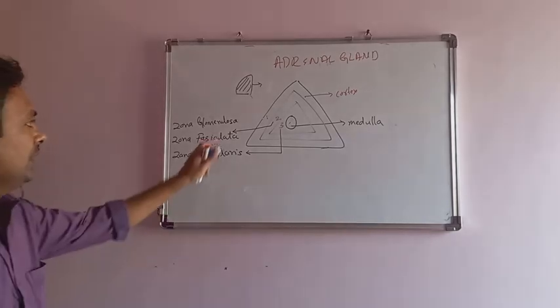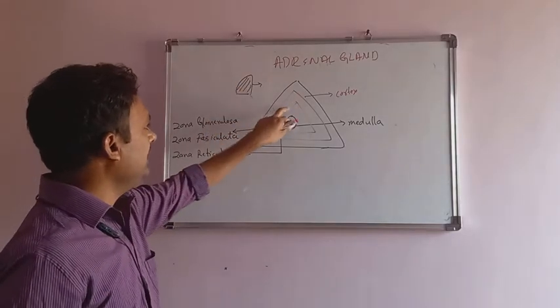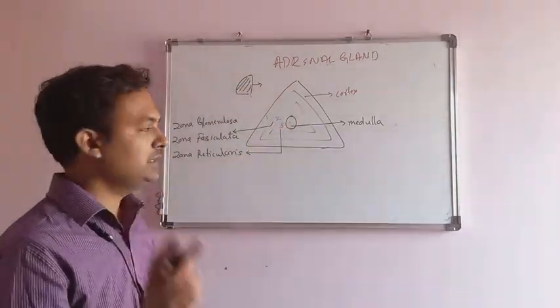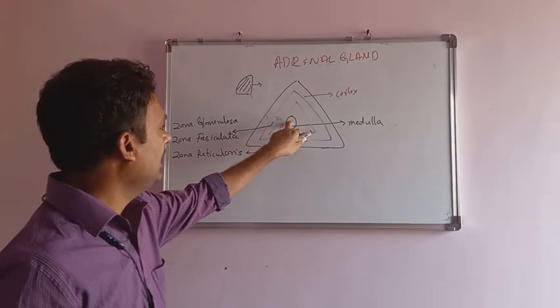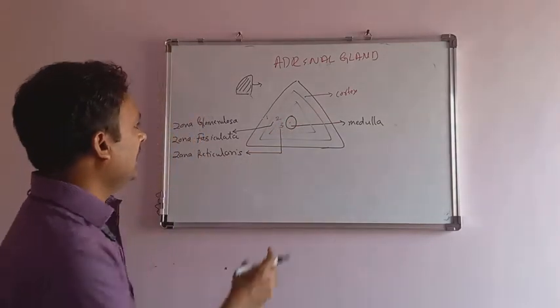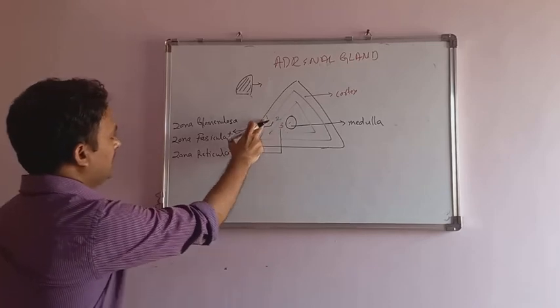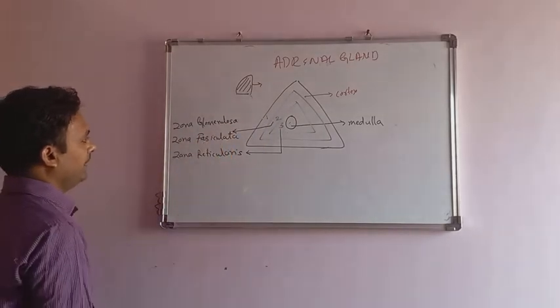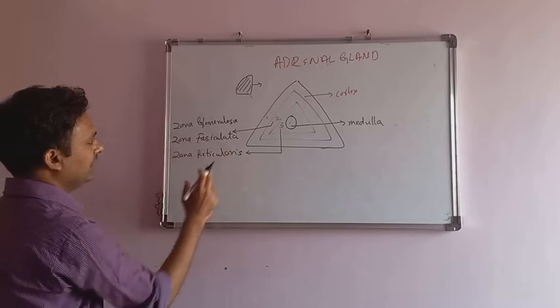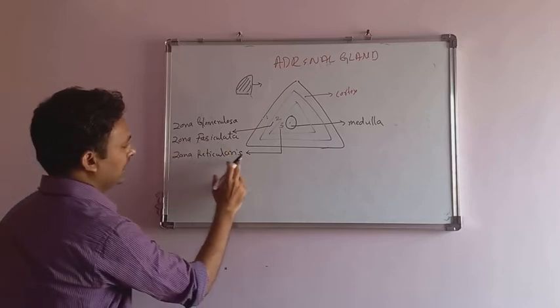So simple it is. The whole adrenal gland is divided into two parts. Center part is medulla and outside part is cortex. Again the cortex is made into three parts: first is zona glomerulosa, second is zona fasciculata, third is zona reticularis.